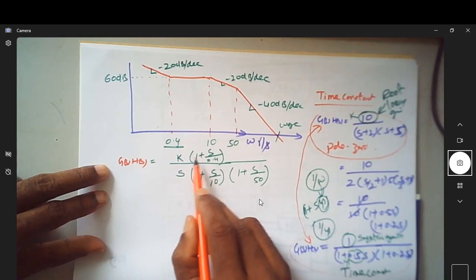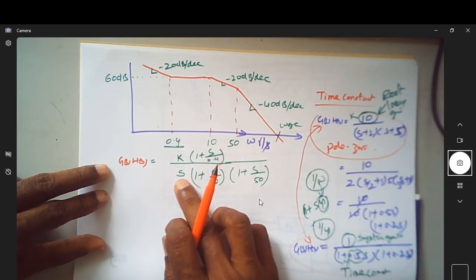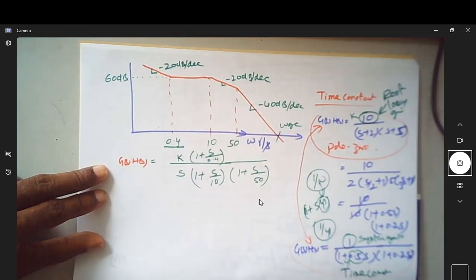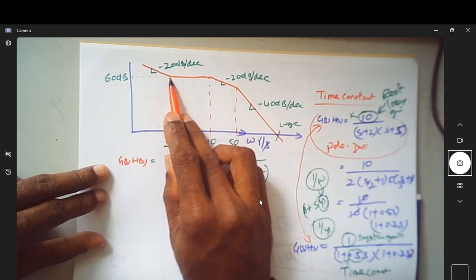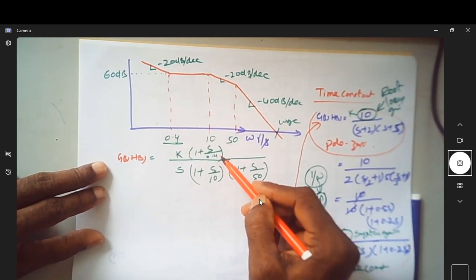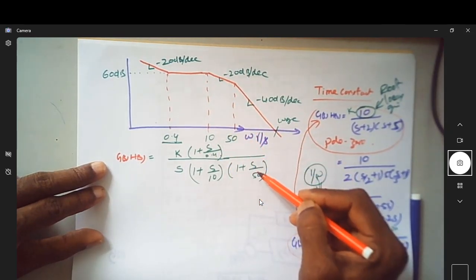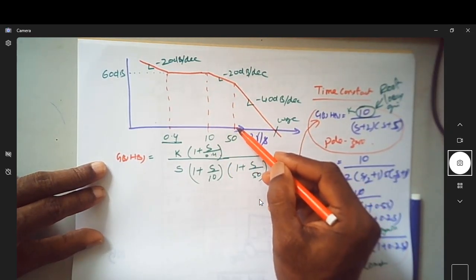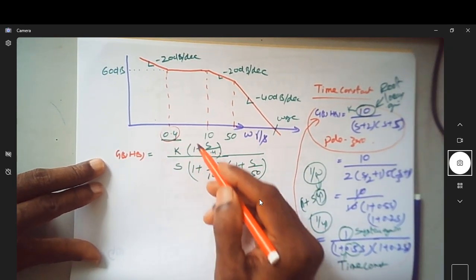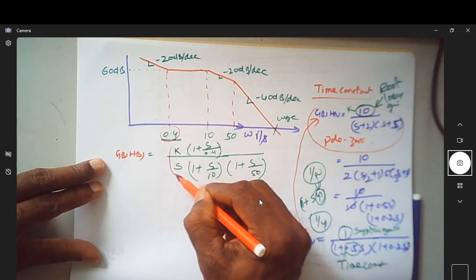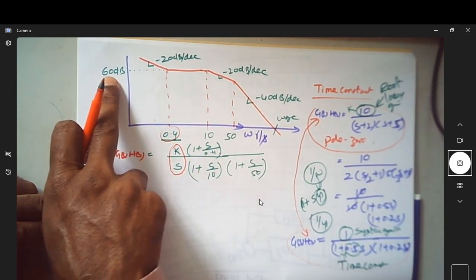The contribution of k and of s is there throughout the plot, whereas the contribution of the zero starts after 0.4, the contribution of the first pole starts from 10, and that of the second pole starts from 50 radian per second. So at 0.4 radian per second, only these two terms contribute to the magnitude, and the magnitude is 60 dB.